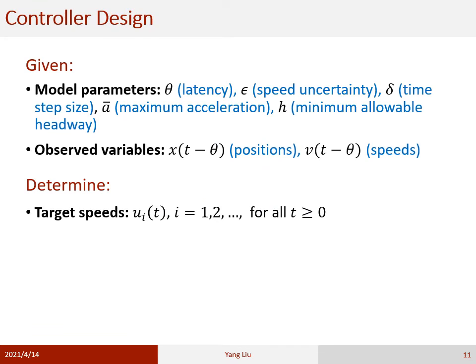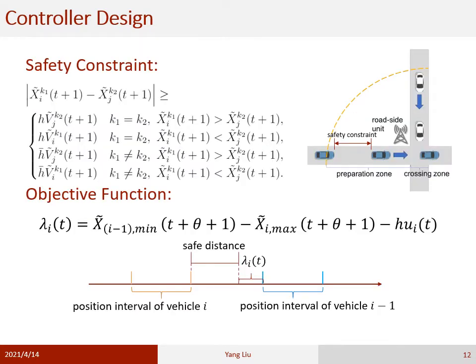Given the model parameters of latency, speed uncertainty, time step size, maximum acceleration, minimum allowable headway, and observed variables, positions and speeds, we determine the target speed of each vehicle at each time step. The predicted positions of the vehicles have to satisfy the safety constraint, so as to make the distance of each two vehicles safe.